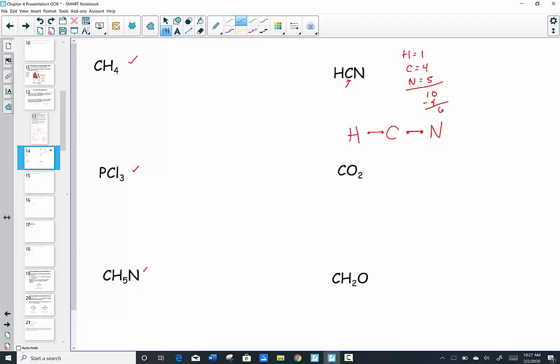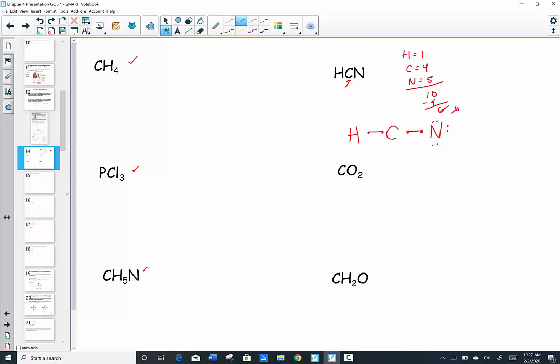That leaves us 6 electrons. Then the rule says fill the octet of all the outer atoms first. Hydrogen never gets any dots. So the 6 electrons go around the nitrogen. And we're out of dots.